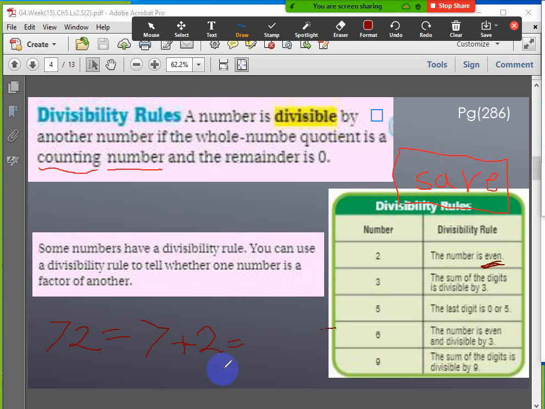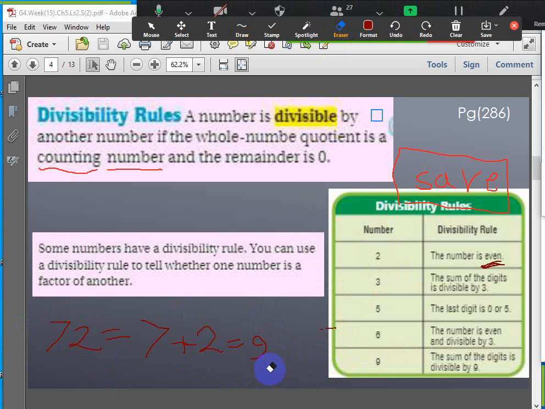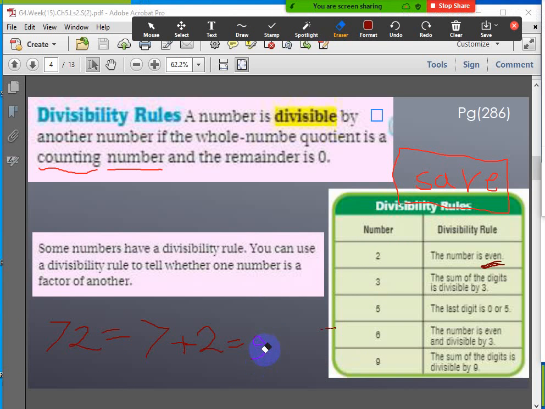So 7 plus 2 equals what? Equals 9. Can I divide 9 by 3? Yes, I can divide 9 by 3. So 72 is able to be divided by 3. Divisible by 3.